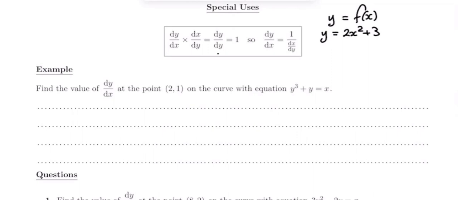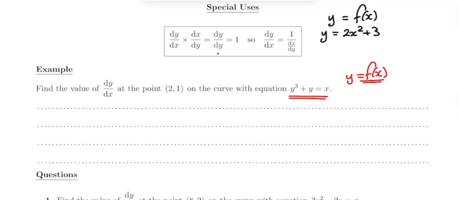So for instance, in this example, you've got y cubed plus y equals x. Now, you cannot rearrange that to get y equals a function of x. And sometimes you can either not do it, or it's difficult to do.